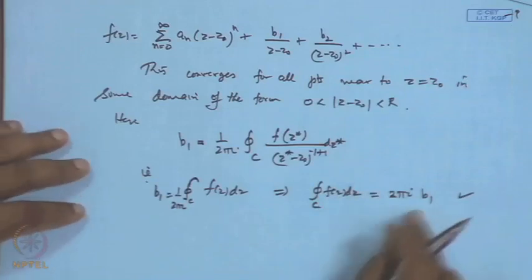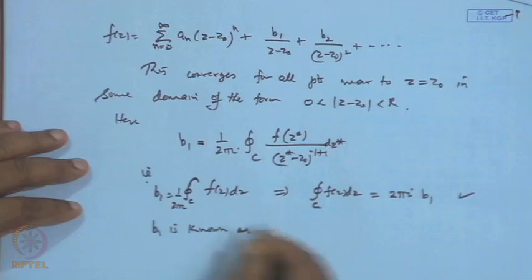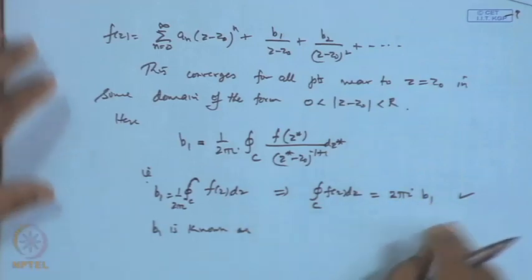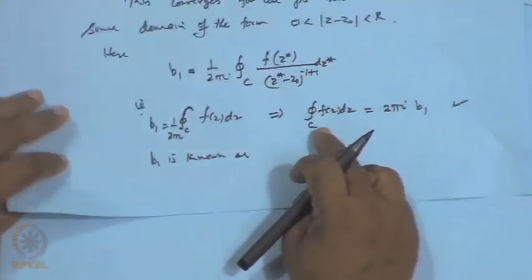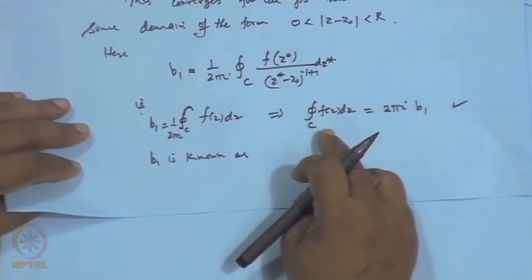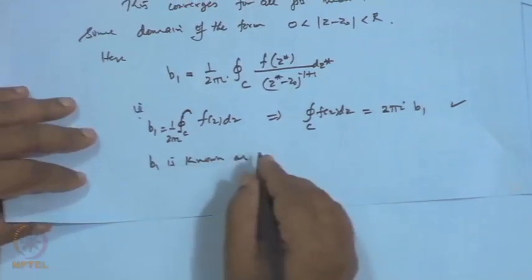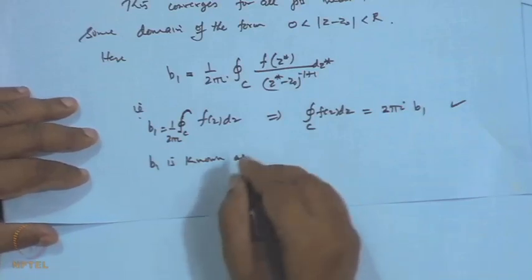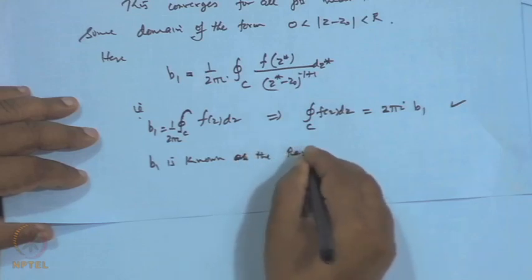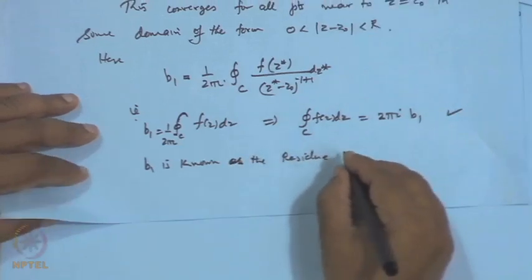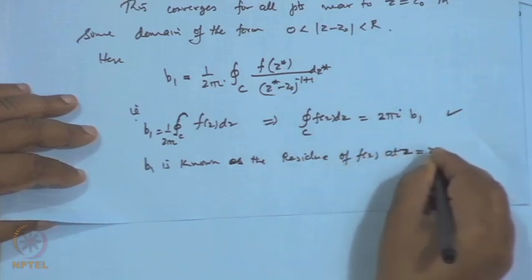So b_1 plays an important role in evaluating the integral along a closed path which contains the singular point, and so b_1 is given a special name: b_1 is known as the residue of the function f(z) at z equal to z naught.